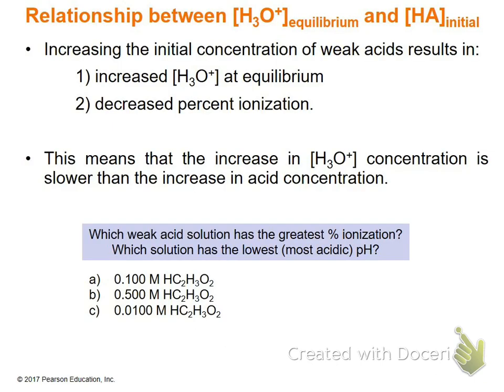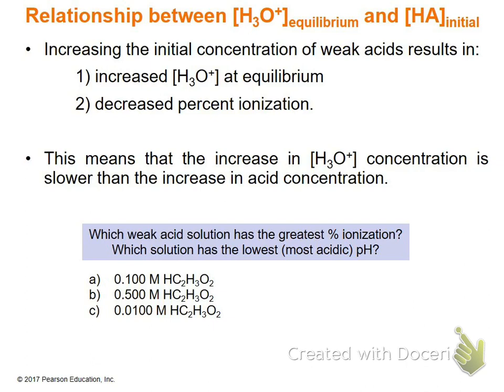All right, so what's the relationship between the concentration of the hydronium ion at equilibrium and the initial concentration of the acid, in terms of percent ionization and concentration of the hydronium ion? So basically, what happens to the percent ionization if you were to increase the concentration of the acid?